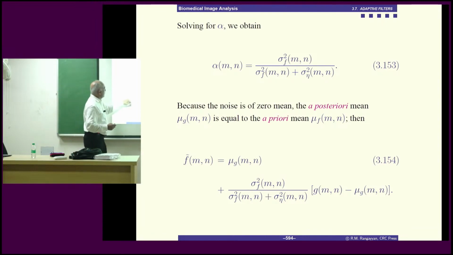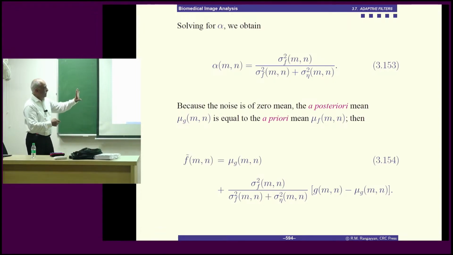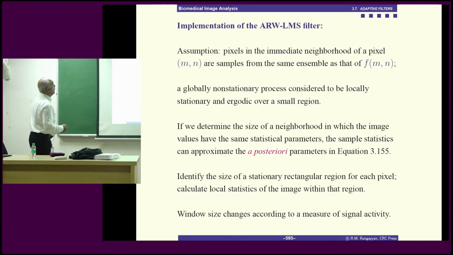So then F tilde mn is mu g, not mu f, but now you say mu g. And this factor times g minus mu g. So this is similar to what we had seen earlier. A low pass filter, a high pass filter, and a weighting factor. Okay? Some small variations, but the basic idea is the same.